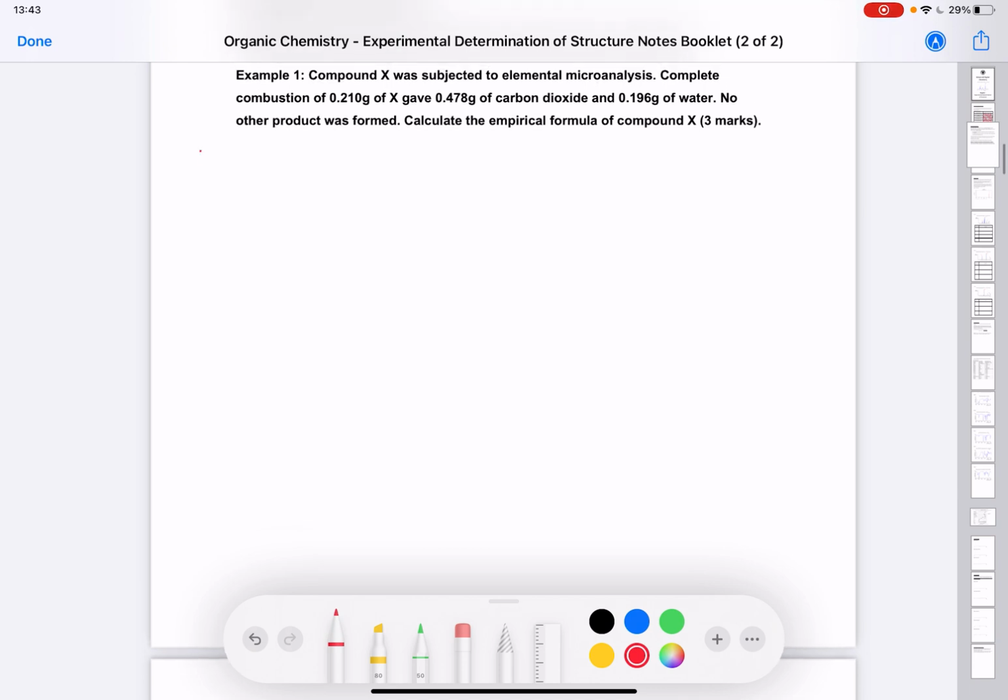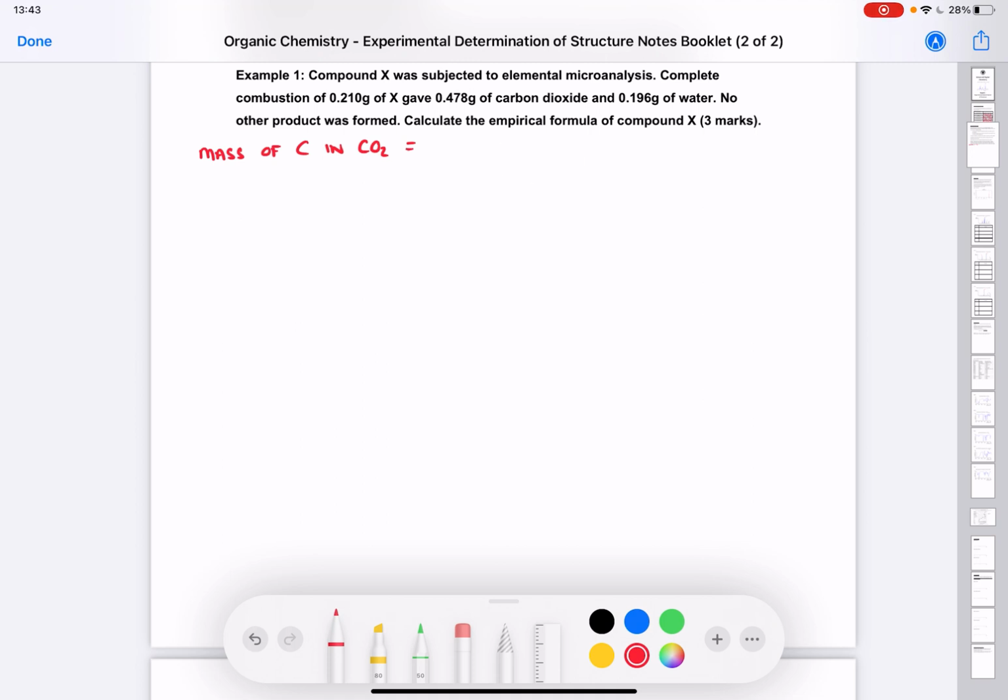So the mass of carbon in carbon dioxide is equal to, now to do this we are just going to do the mass of the substance that we're interested in divided by the gram formula mass.